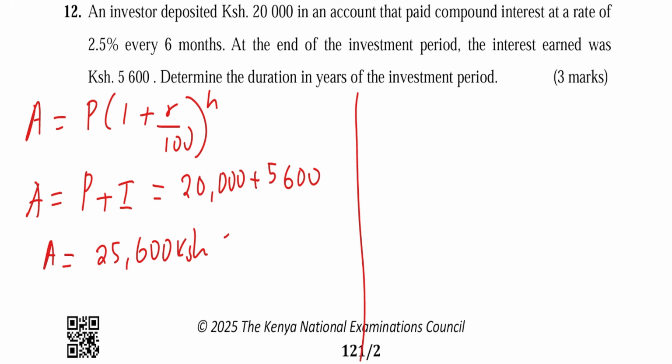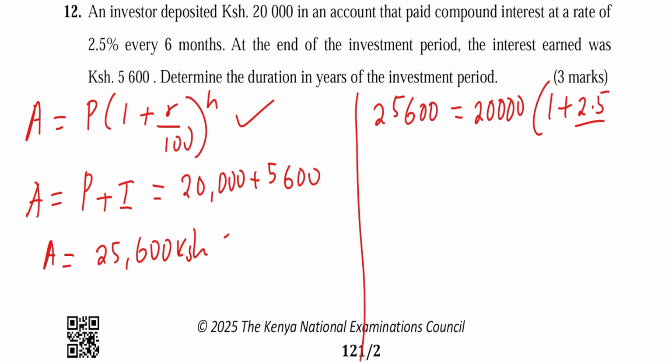Now what we know is that this amount is given by the formula: principal, which is 20,000, times 1 plus r over 100, where our interest rate is 2.5%, which is 2.5 over 100, raised to power n.